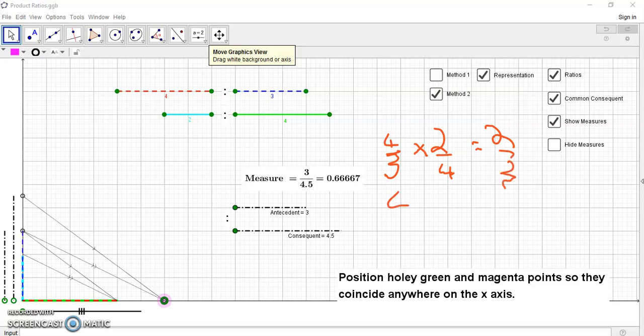In other words, we say 4/3 divided by 1/(2/4), okay? And then we take the ratio, and that's how we get the result.